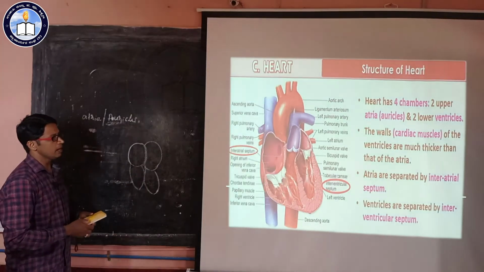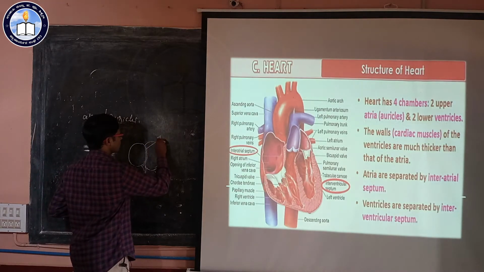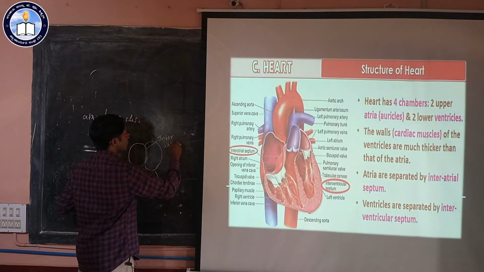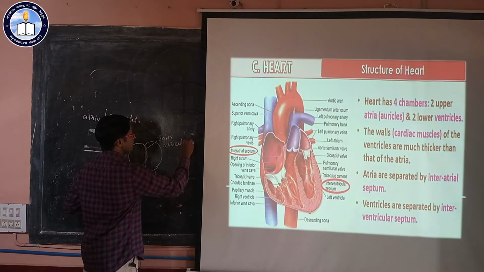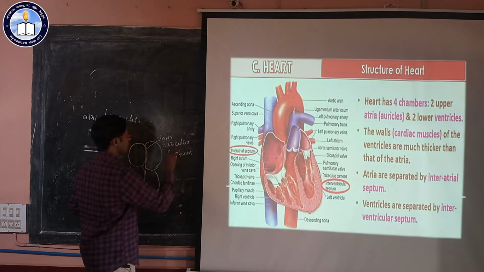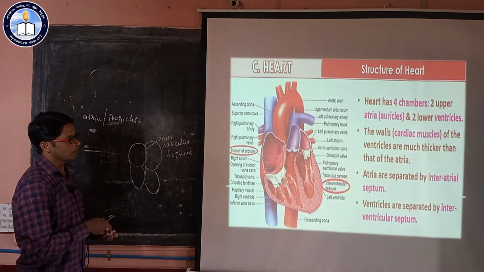This wall is called the interauricular septum, or interatrial septum.